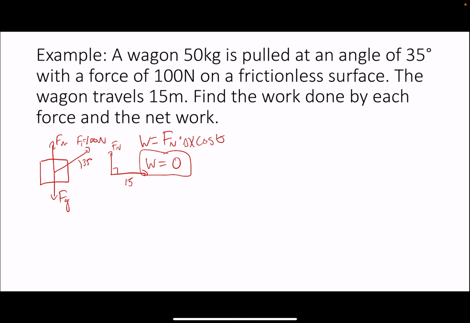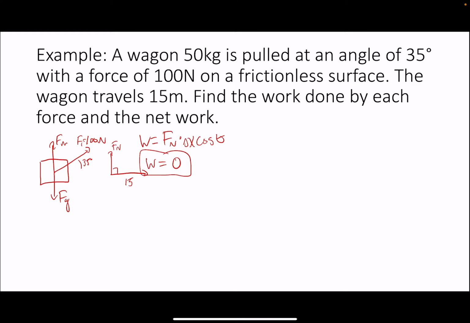It's not always the case, especially in an elevator problem. But if the object is moving across the surface, then the work done by the normal force is zero, right? Because the motion across the surface is perpendicular to the normal force. But if the surface is doing the pushing, like in an elevator, then we'll have some work done.